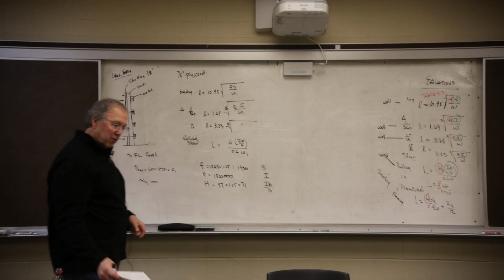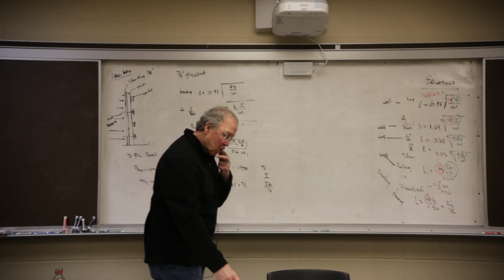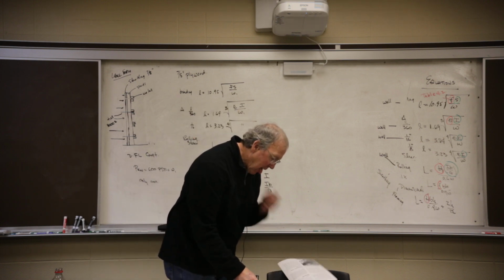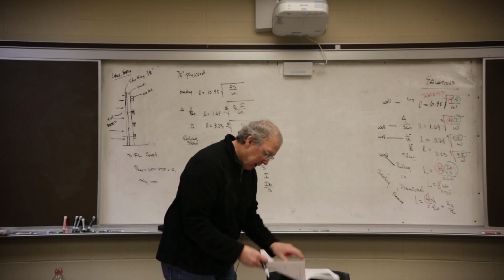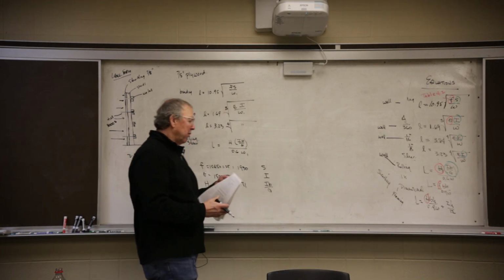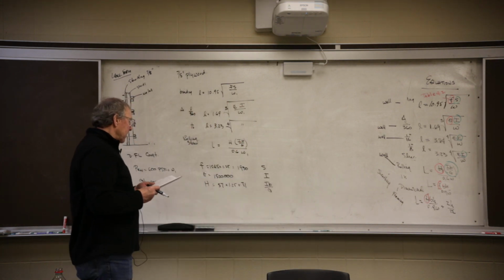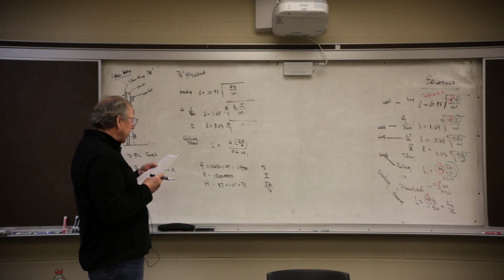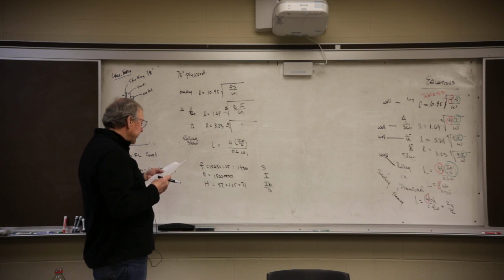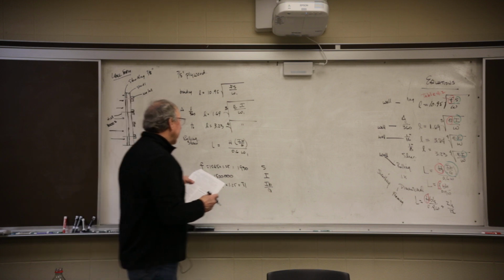Then go to the table on page 4-9, table 4.3. 7/8 inch plywood. What do we got? Moment of inertia 0.278.